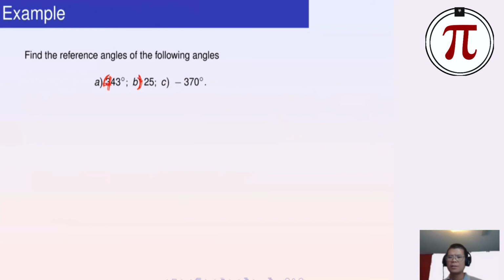If it is, then good. Otherwise, we do one more. So for A, 443 degrees minus 360 degrees equals what? 83 degrees. And this 83 degrees is already between 0 and 360.